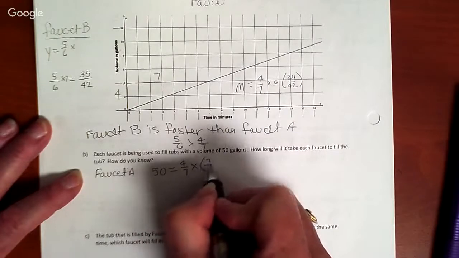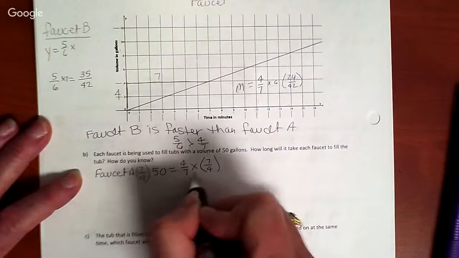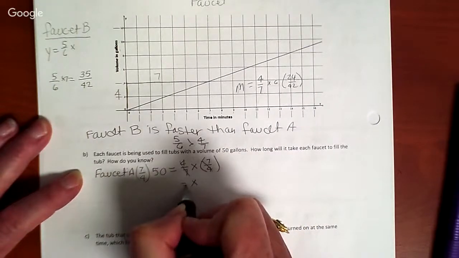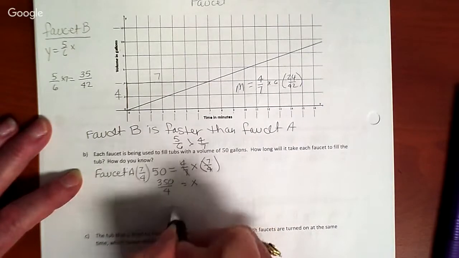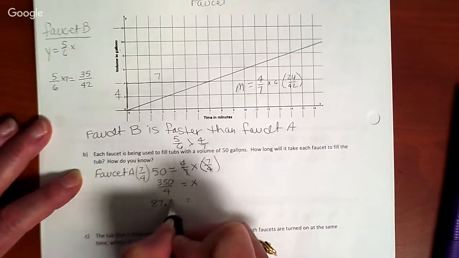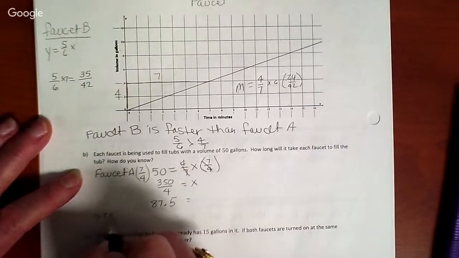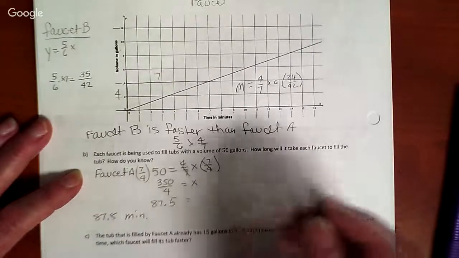So multiply 7/4 to both sides, we get x equals 350/4, which equals 87.5. So this would take us 87.5 minutes to fill the tub.